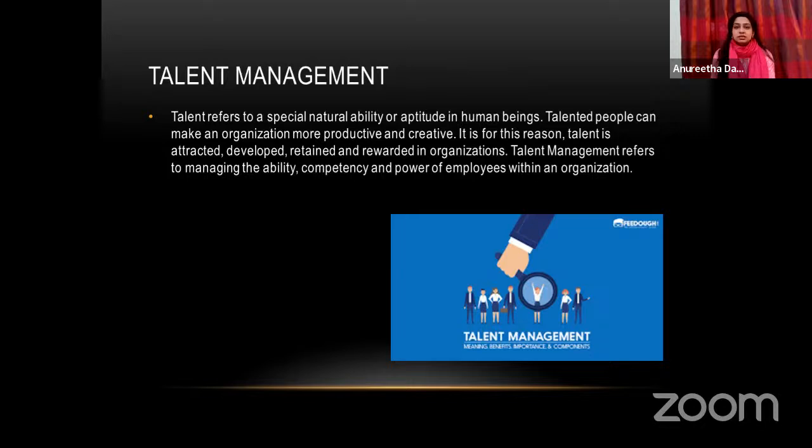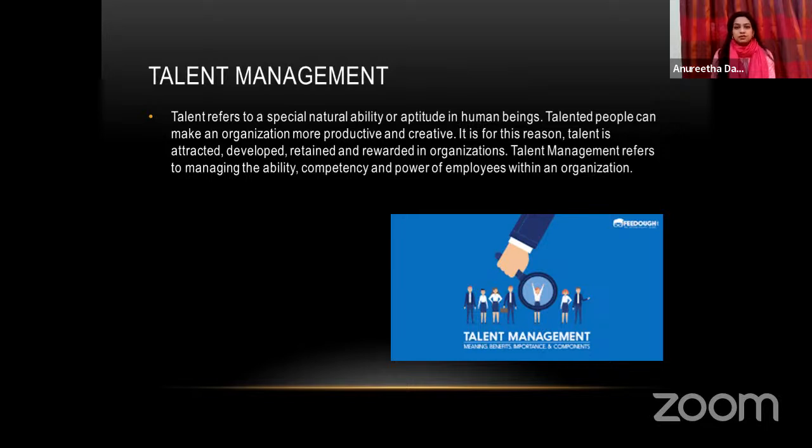And that is the natural ability that is required: talented people in the organization. Talented people means more productive people, more creative people. Talent is what is attracted, developed, retained, and rewarded in the organization.